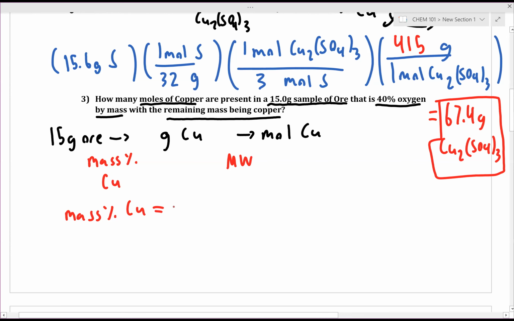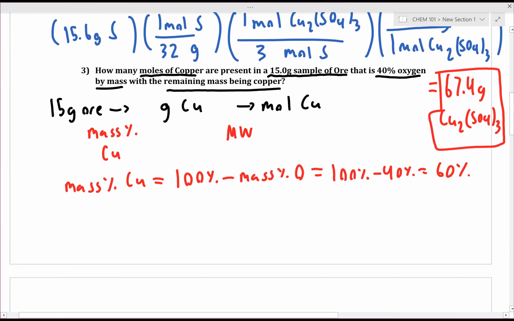So you can get the mass percentage of copper by taking 100% minus the mass percent of oxygen. Remember how we discussed these remaining mass problems last session? Okay, so we're going to take 100% minus 40%, and that in turn gives us a mass percentage of 60%. We are now ready to complete this problem.